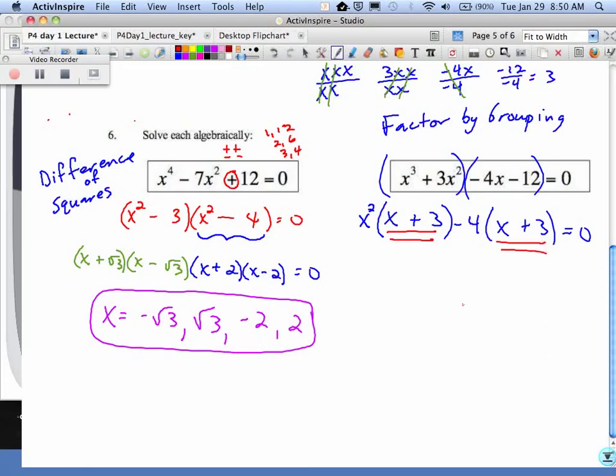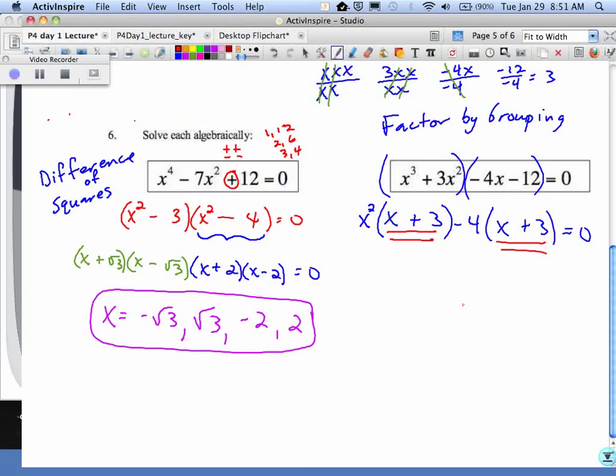It's x squared, x plus 3 is one term. The 4 and the x plus 3 is the other term. So there are 2 terms. But they have a common factor, right? They both have that x plus 3. So what we're going to do is factor the x plus 3. We're going to divide that out to the front. So x plus 3 comes out front.